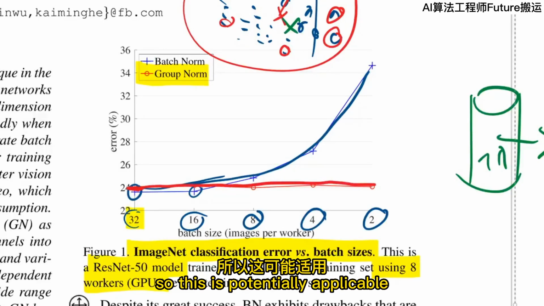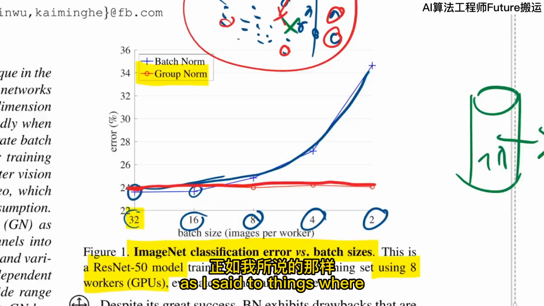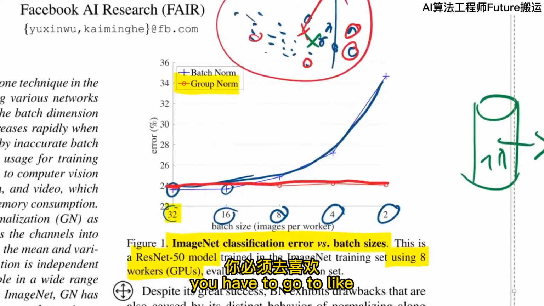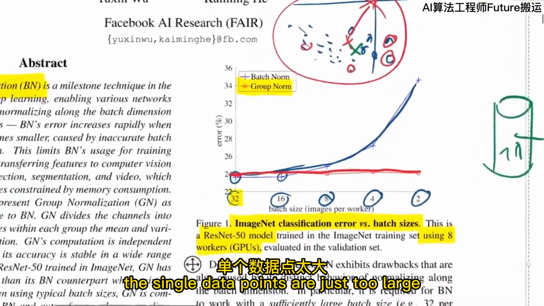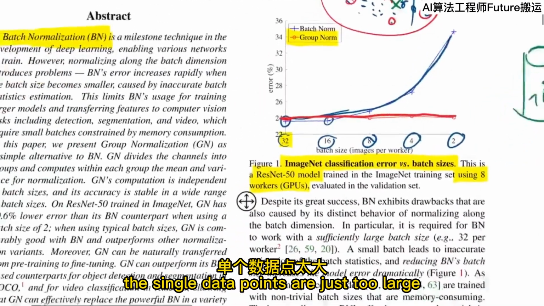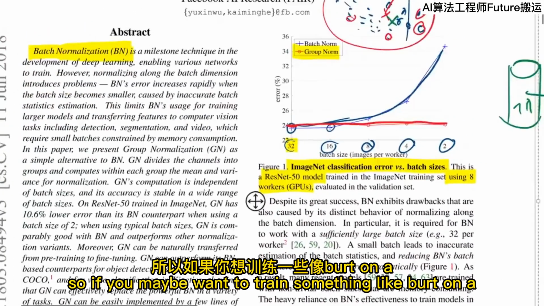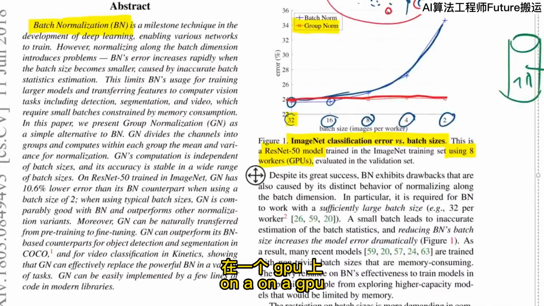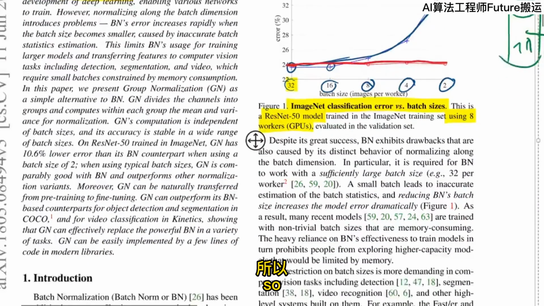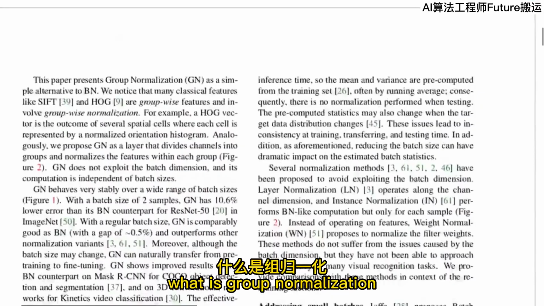So this is potentially applicable, as I said, to things where you have to go to like 2 or 1 sample per worker because the single data points are just too large. So if you maybe want to train something like BERT on a GPU. So what is group normalization?